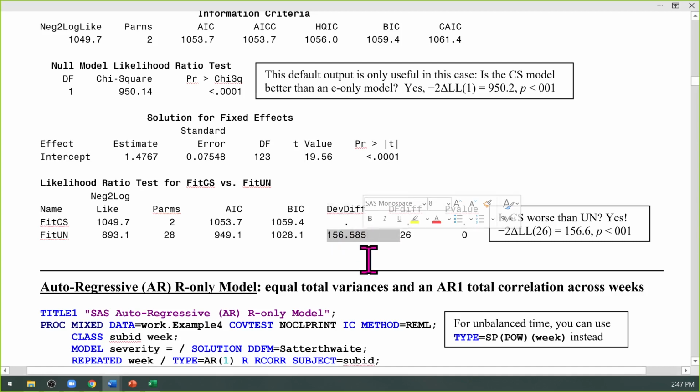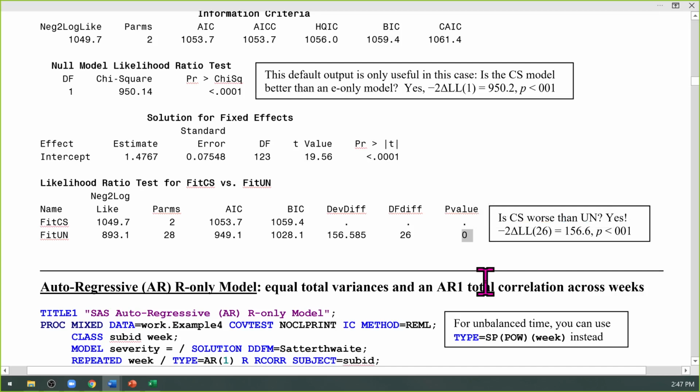So 156 is the difference in -2 log likelihood between these models. And that difference is compared to a reference of degrees of freedom for the difference in the model parameters, 26. And the p-value is 0 to as many places as it would print.